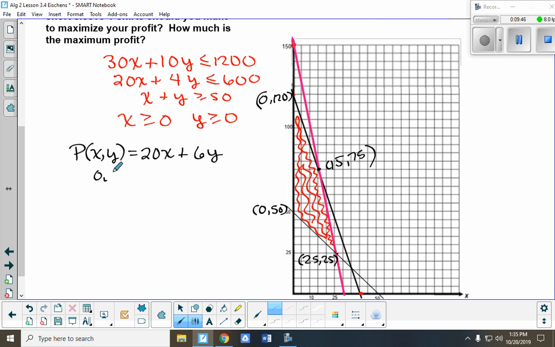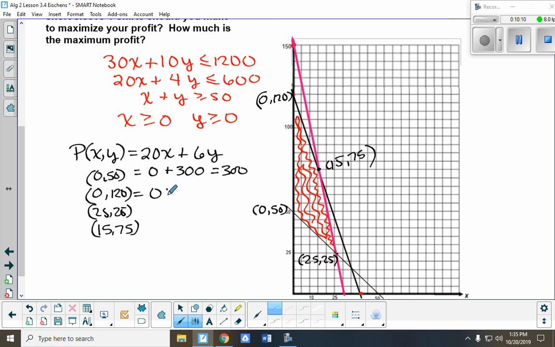So we have 0, 50, 0, 120, 25, 25, and 15, 75. So 20 times 0 plus 6 times 50 would give you $300.